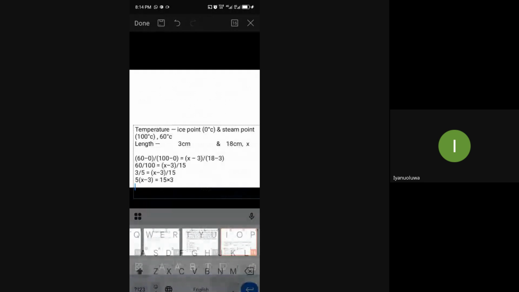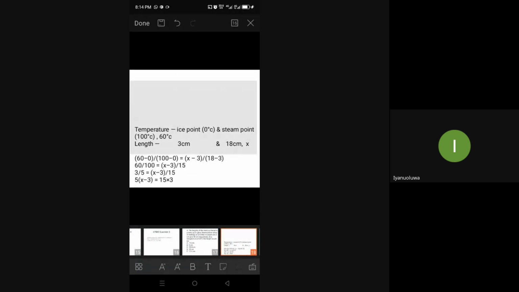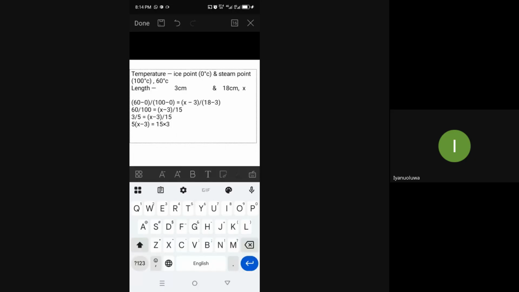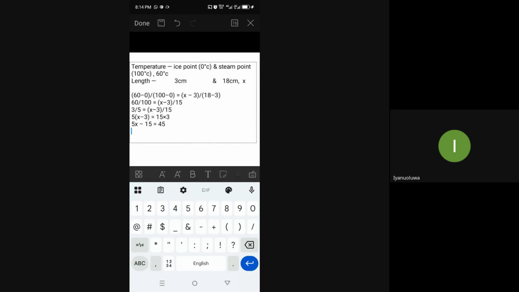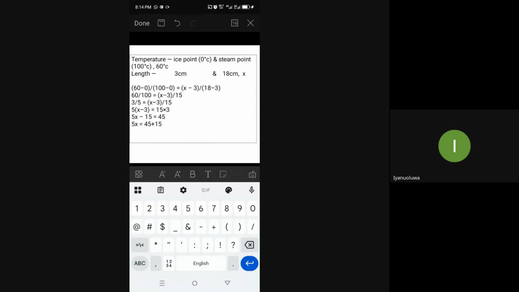So if I open the bracket, that is 5x minus 15 is equal to 45. So 5x, if I make it the subject, is equal to 45 plus 15. 5x is equal to 60.